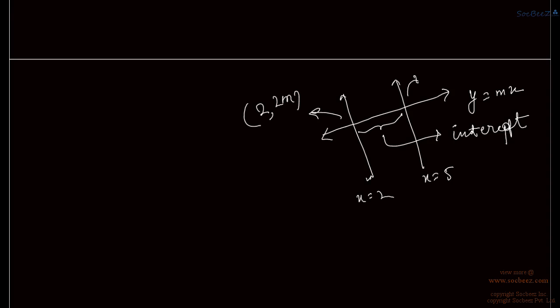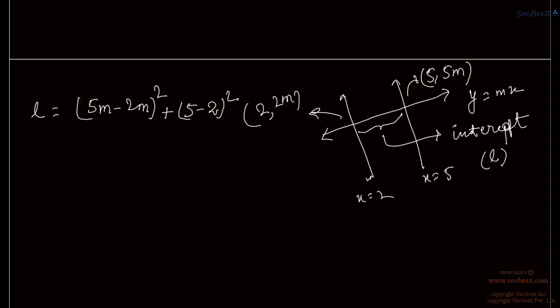Similarly, the coordinate of this point is 5, 5m. So denote the length of intercept by L. L is equal to the square root of (5m minus 2m) square plus (5 minus 2) square, which is equal to the square root of 3m square plus 3 square.